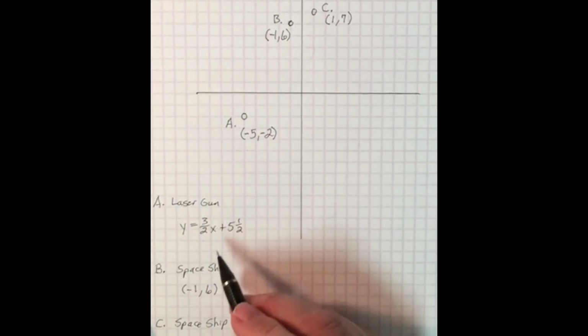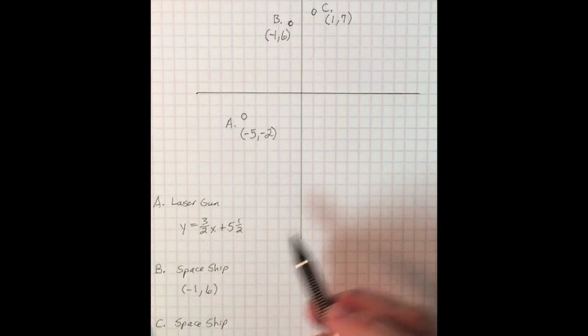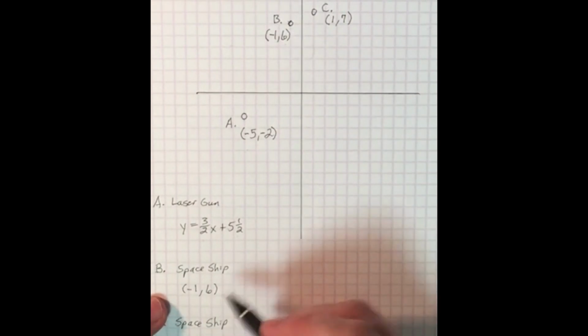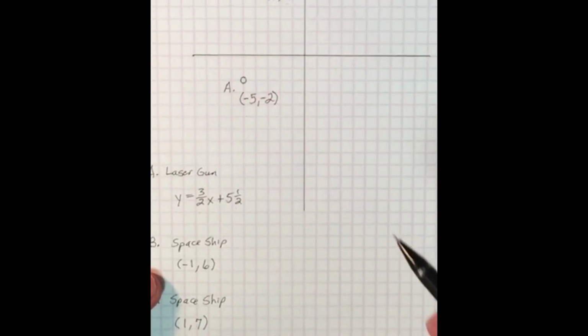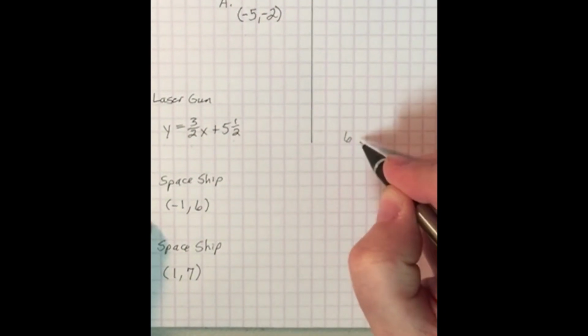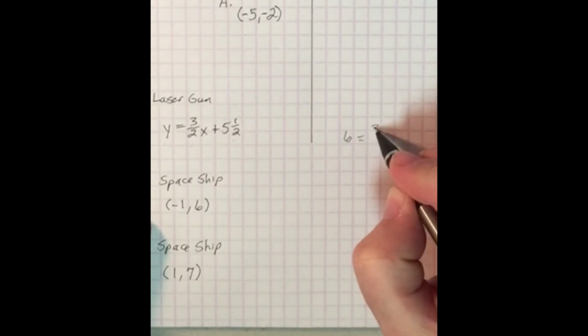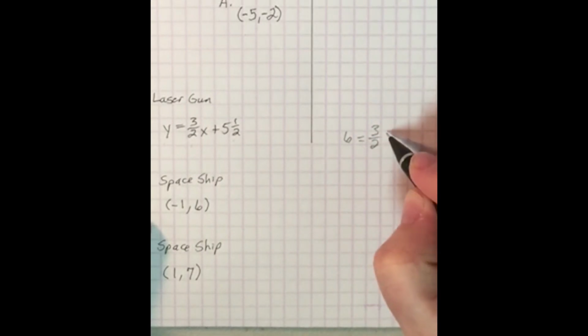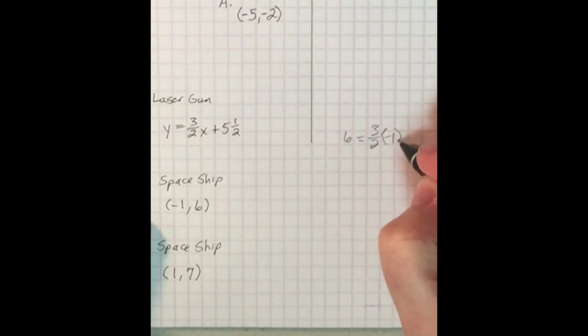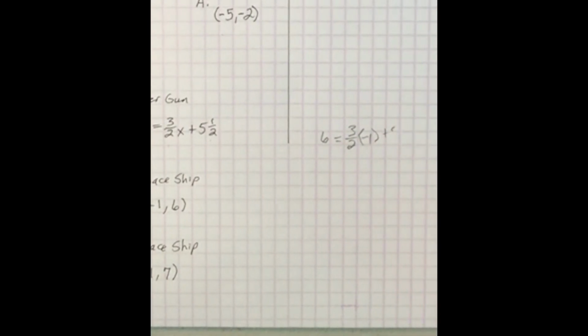So the way to do that is we're going to rewrite this equation, plugging in these values here. So we're going to do B first, and so first number is X, the second number is Y. And so we're going to say 6 equals 3/2 times X, X in this case is -1, plus 5.5.